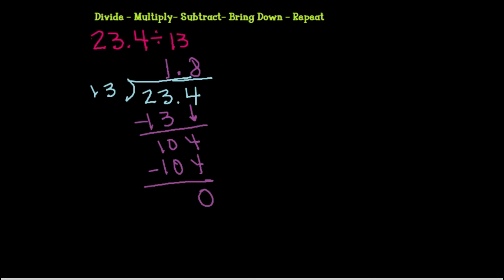Let's try a second example. Just like before, I'm going to draw the division bar. The dividend, in this case, is 84 and 8 tenths, and it belongs underneath the division bar.